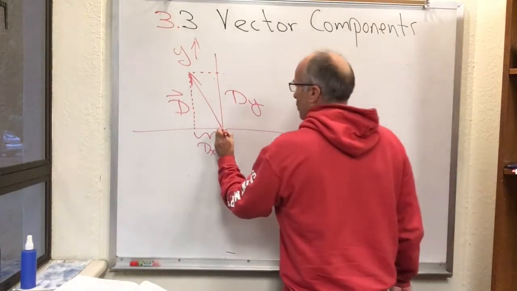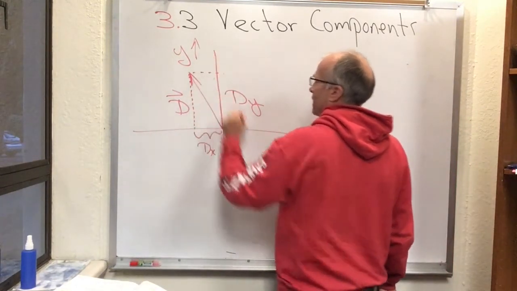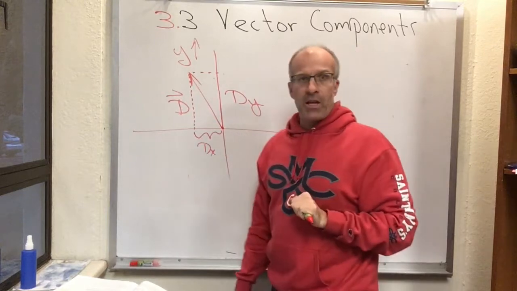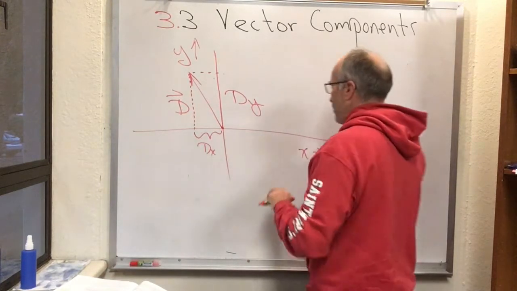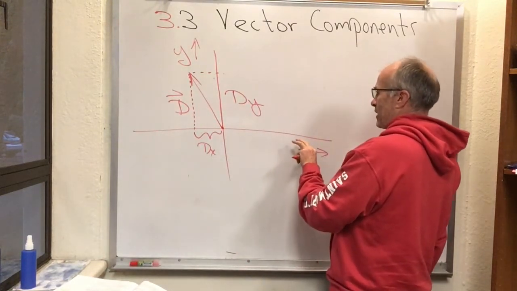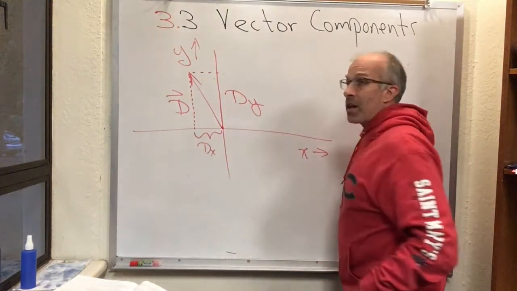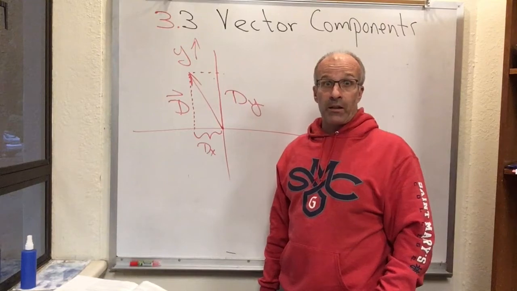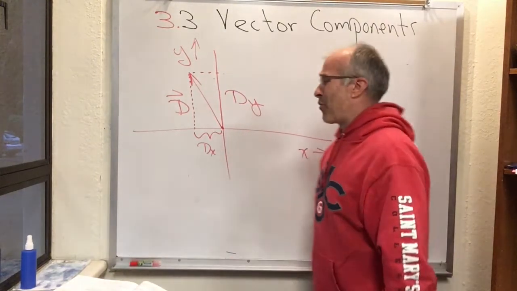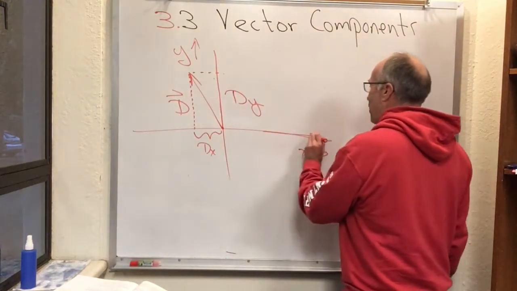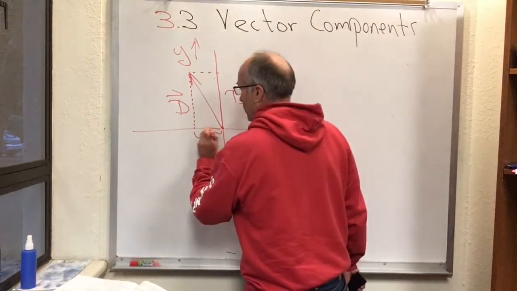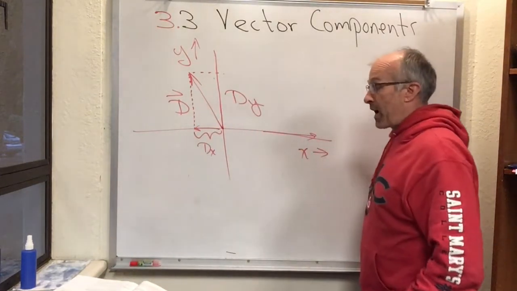Now this still goes along the positive y-axis, so this is still what we consider to be a positive number. But notice the shadow of this vector onto the x-axis goes the opposite direction that you'd expect, or the opposite direction that's sort of normal. Instead of going towards higher x, the shadow goes towards lower x.